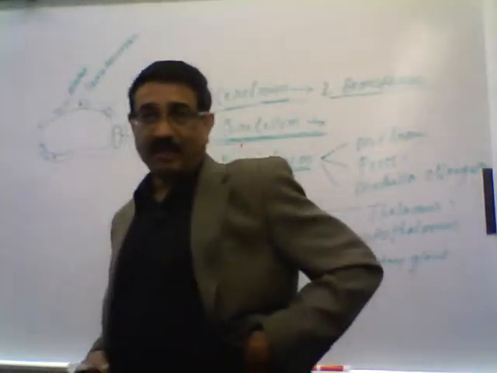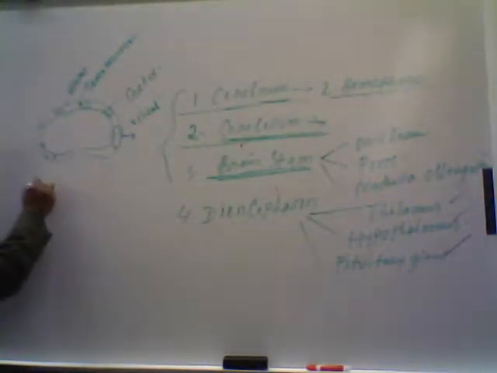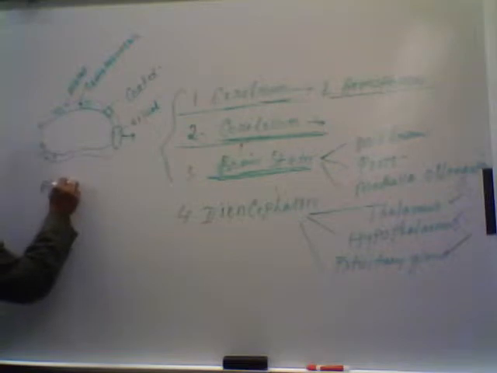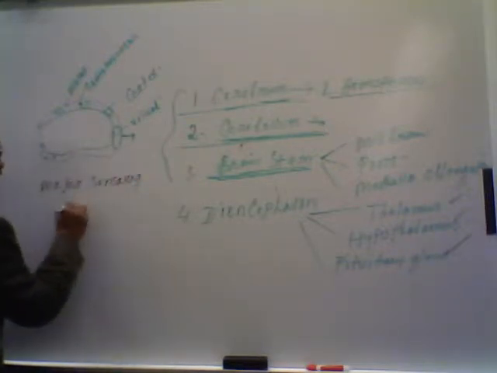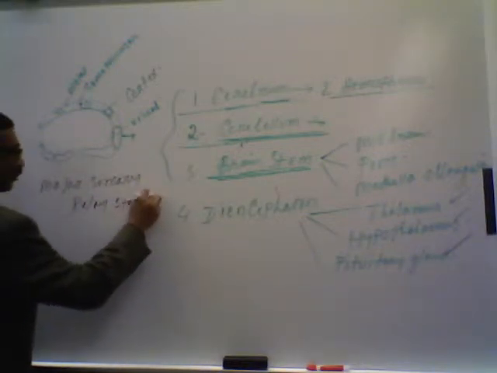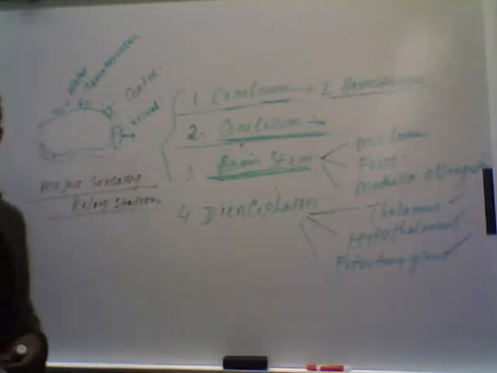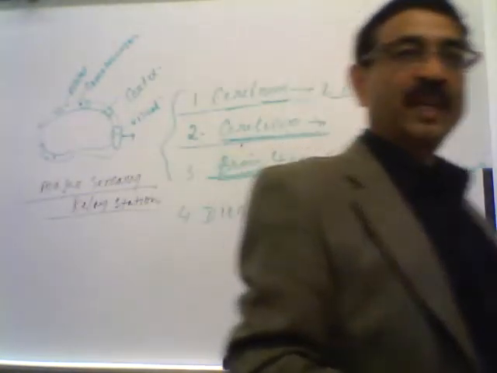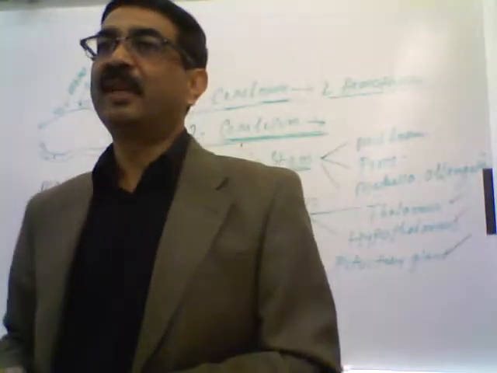Then diencephalon: thalamus, hypothalamus, pituitary gland. Thalamus is called the major sensory relay station. Why is it called the major sensory relay station? Because almost all sensory signals are relayed in the thalamus.